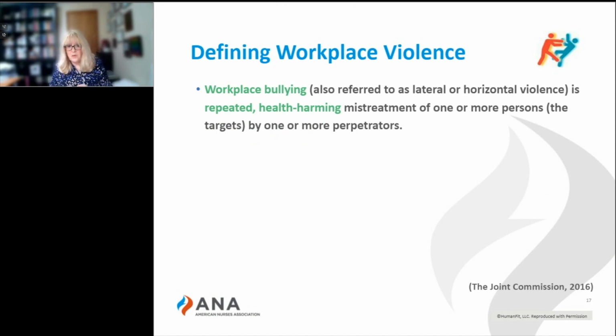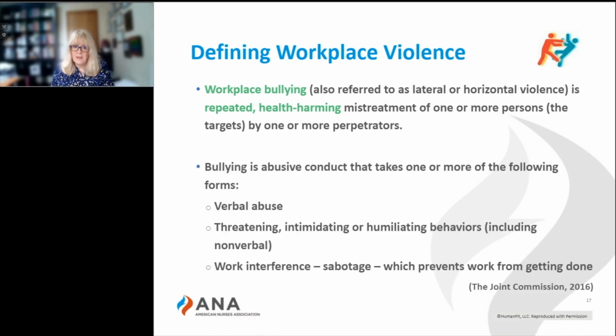Going on to discuss the definition of bullying. This is also referred to as lateral or horizontal violence. It can also be vertical violence if you're dealing with a bullying situation between you and your supervisor or a superior or someone in leadership, for example. And this is the definition from the Joint Commission that is a pretty common definition here.